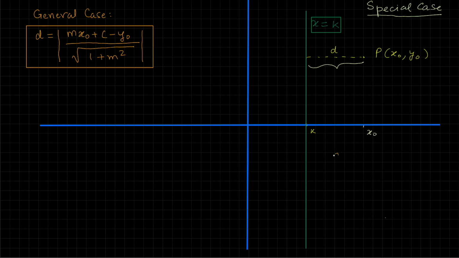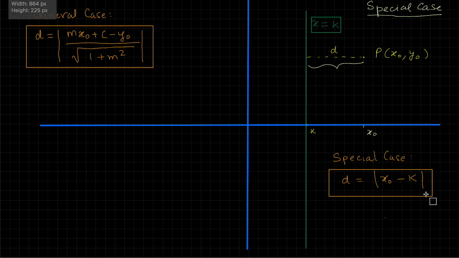So for the special case, d will be given by the difference between x0 and k with an absolute value around it. So this is a special case formula for when the line in question is completely vertical.